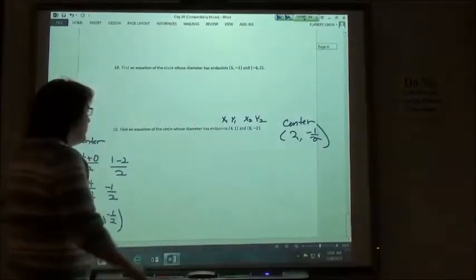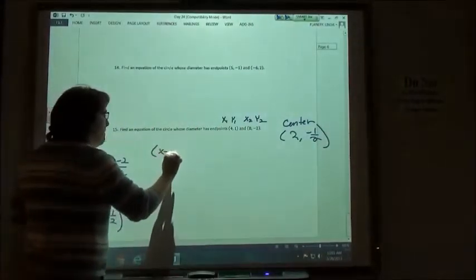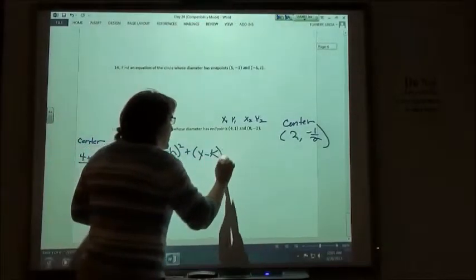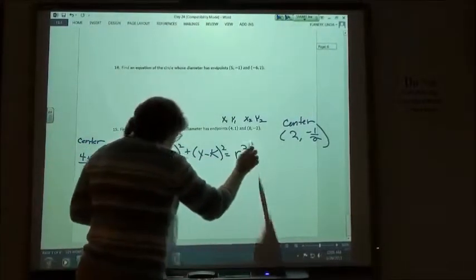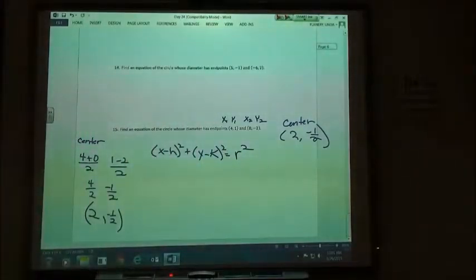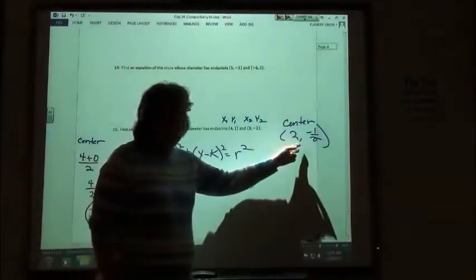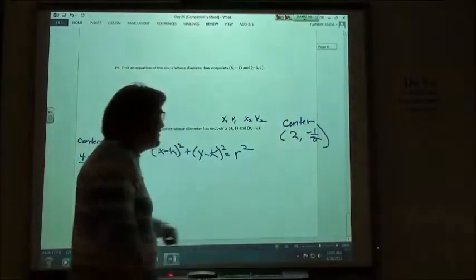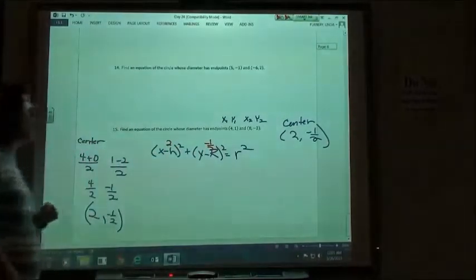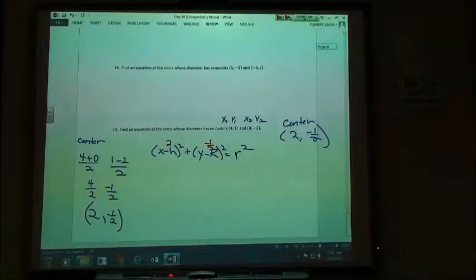And so now we have to write the equation of our circle. We're going to plug in the center, 2 and -1/2.